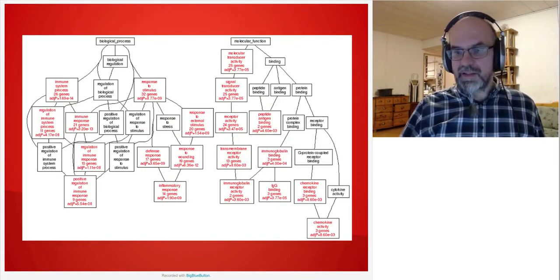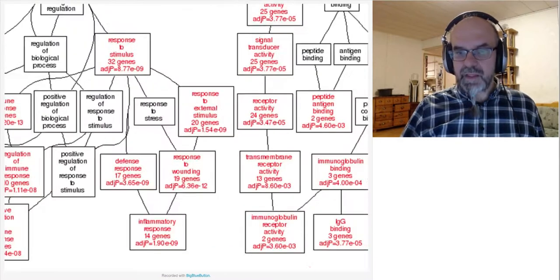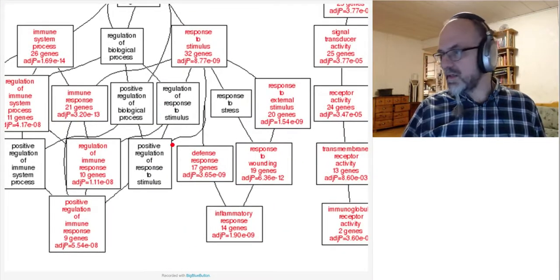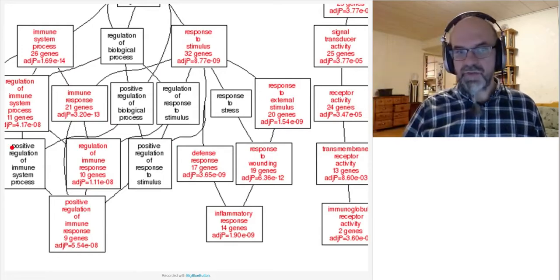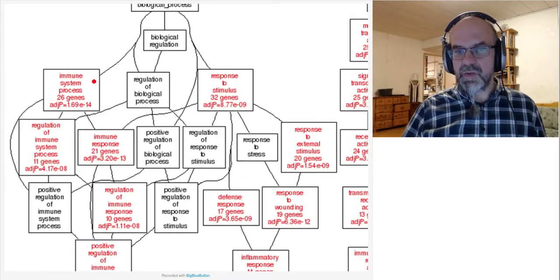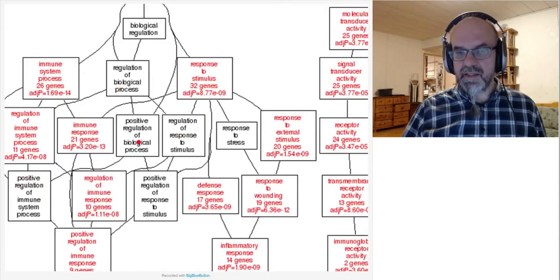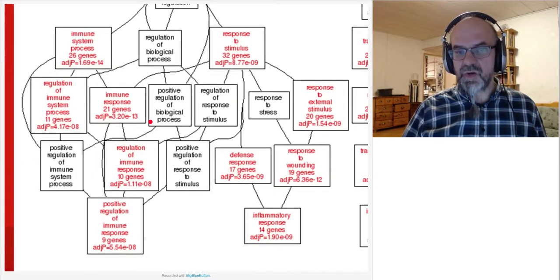So in this slide, this is again the same structure. We can see how to take into account the structure, this directed acyclic graph nature of gene ontologies.